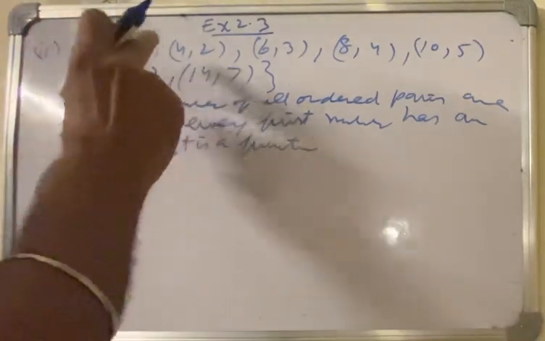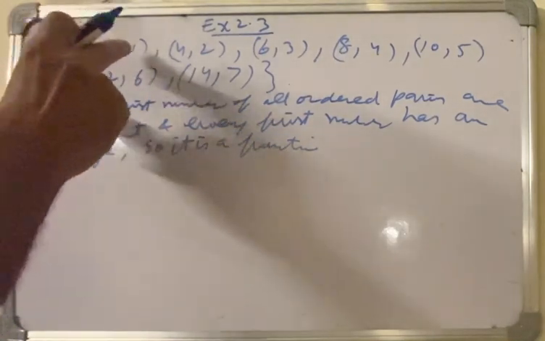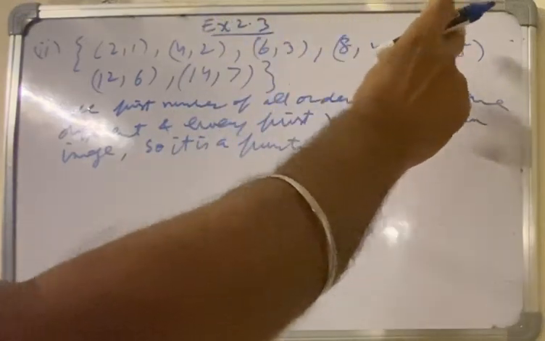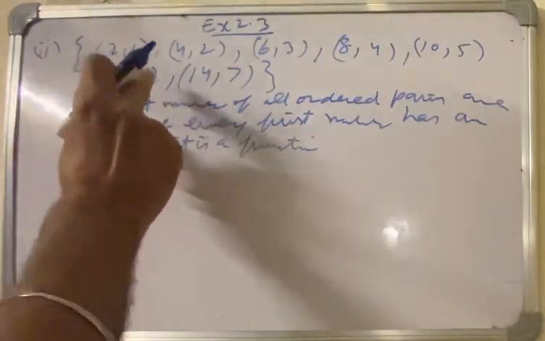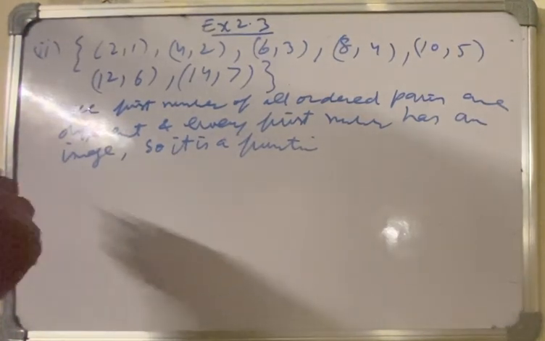We can check: 2, 4, 6, 8, 10, 12, 14 are all different, and 2 has image 1, 4 has 2, 6 has 3, 8 has 4, 10 has 5, 12 has 6, and 14 has 7. All have images, so it's a function.